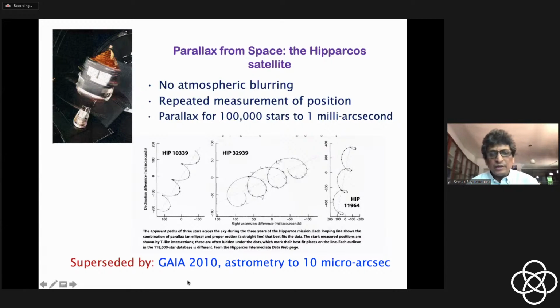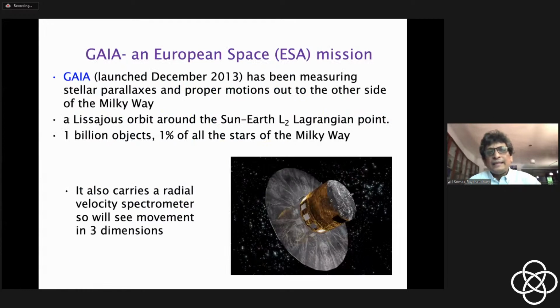Actually, I said superseded by Gaia in 2010. Gaia actually didn't go up till much later than 2010. This is now the big thing. Gaia is still working. It was launched in 2013. It's a huge Hipparcos. It is essentially measuring the distances to 1 billion stars.